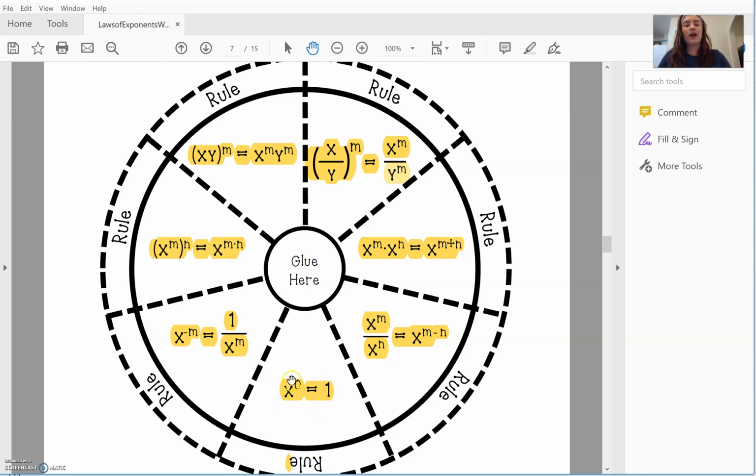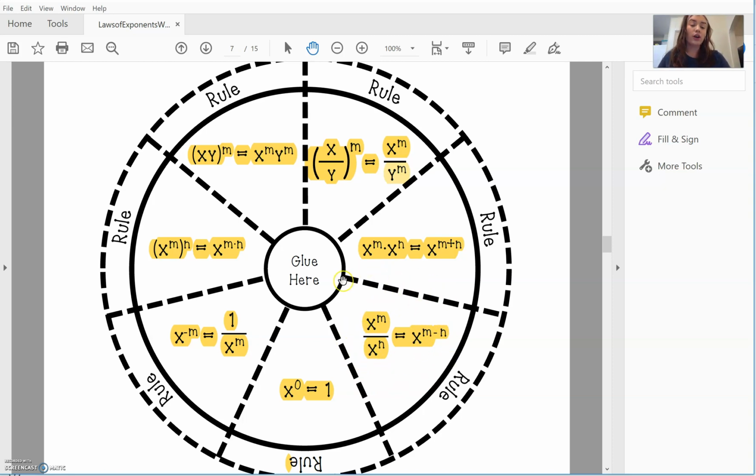We also talked about in lesson 5 in our video, anything to the 0 power equals 1. So that's that bottom rule in the middle. So it should be lined up with the 0 exponent rule. And you have x to the 0 power equals 1. Anything to the 0 power equals 1. Without a doubt.